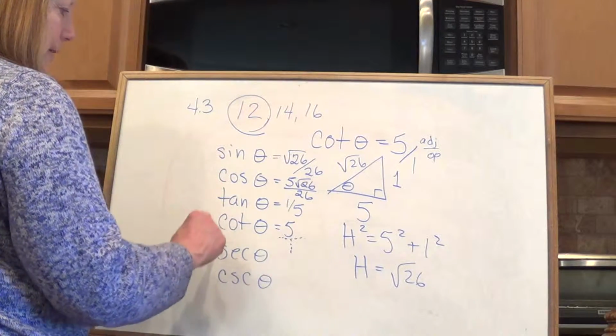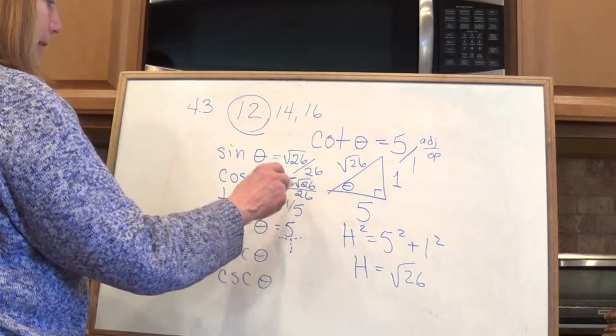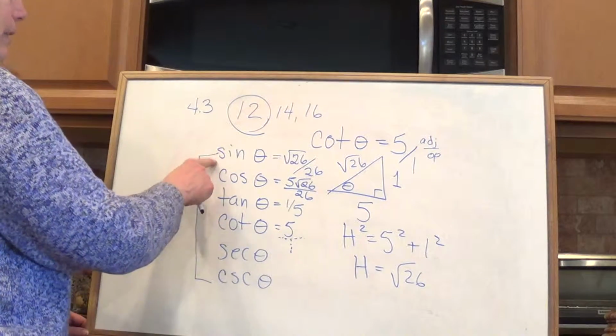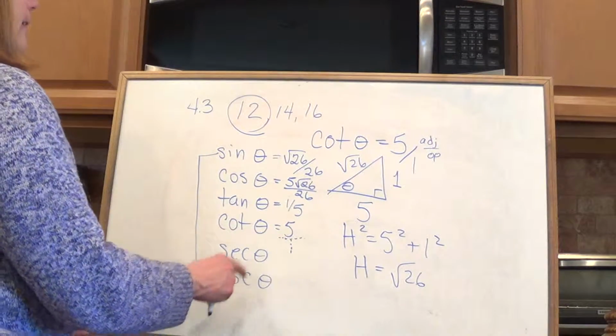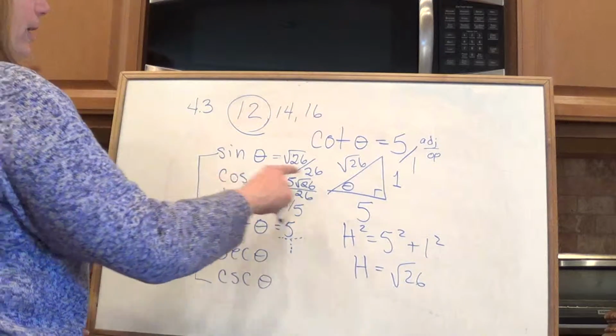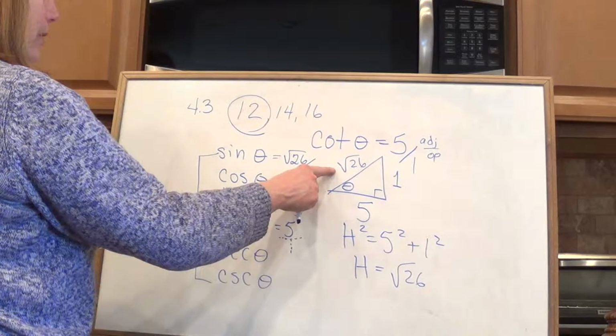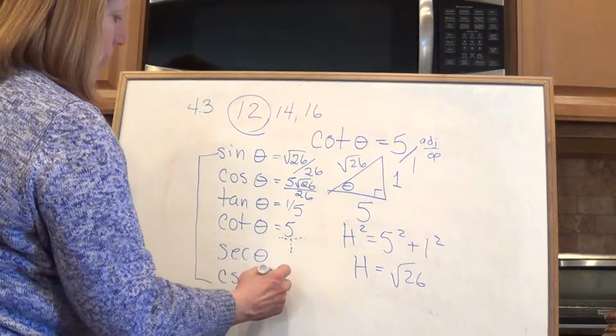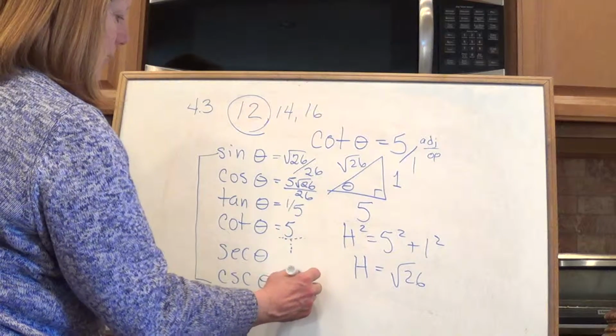All right, so now I can take these and recall the reciprocal of sine is cosecant. So this one, before I rationalized it, it was 1 over square root of 26. So if I flip that, I get square root of 26 over 1.